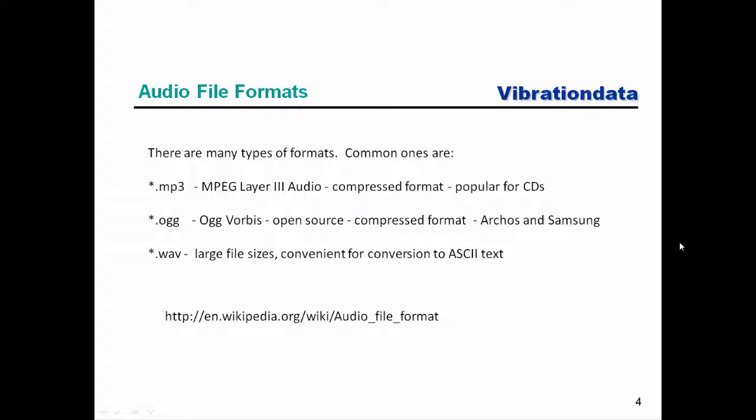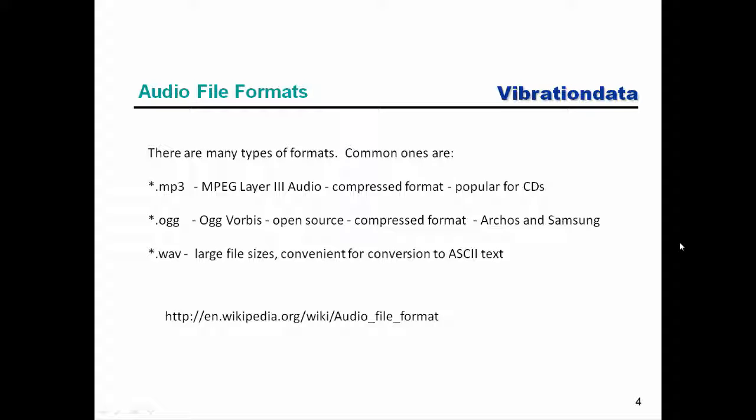Then the second one is the .ogg. This is OGG Vorbis. It's an open source format. It's also compressed. And devices like Archos and Samsung Android type devices make extensive use of the .ogg format.